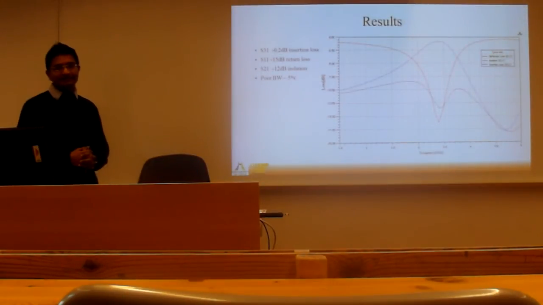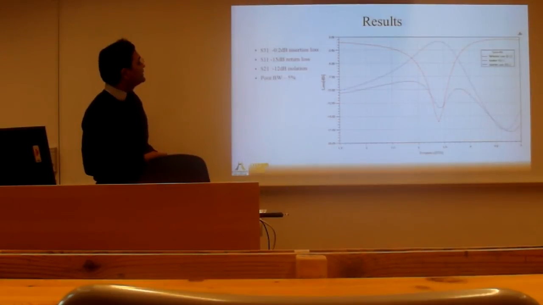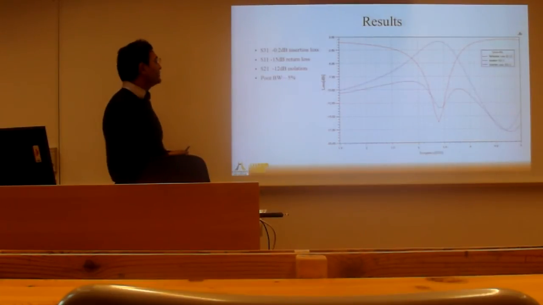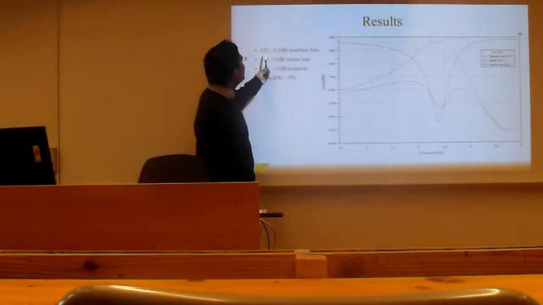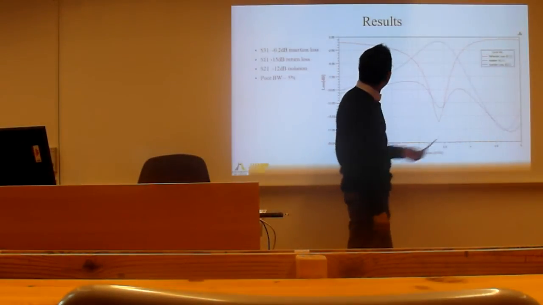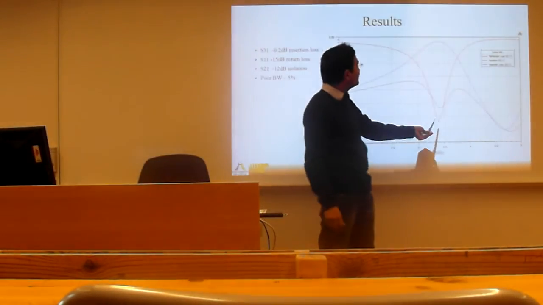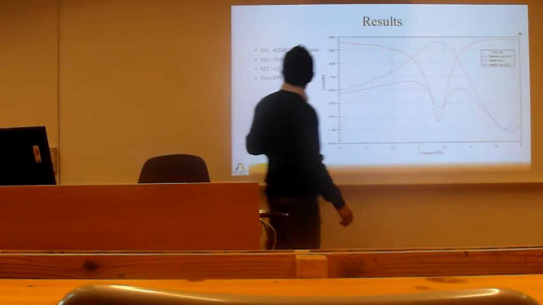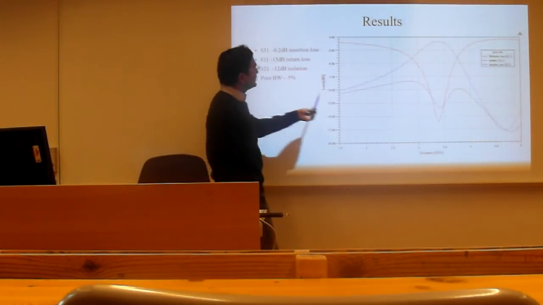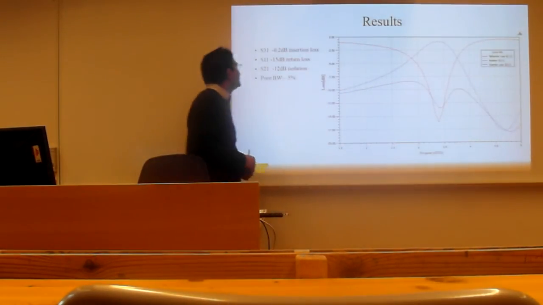So here is the results part. If we talk about the S parameters: S31 insertion loss, the blue line gives information about S31. S11 return loss, the red line gives the information about the return loss. S21 isolation, the gray line gives information about the isolation.